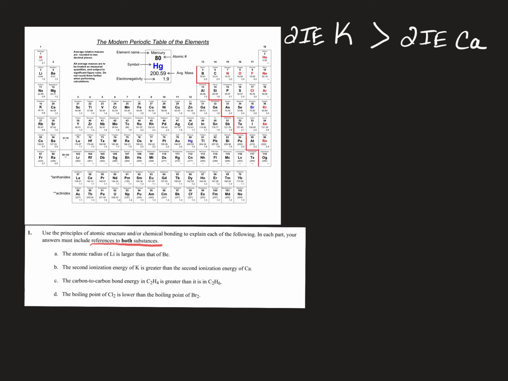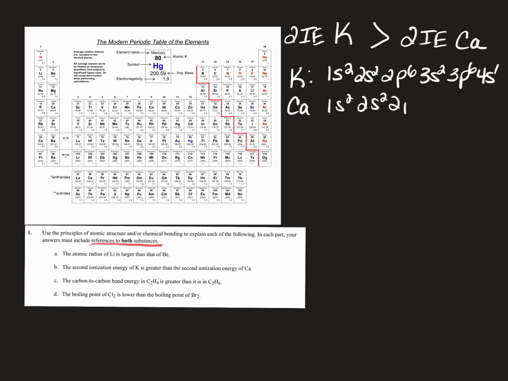So keeping in mind that for potassium, its configuration is 1s2, 2s2, 2p6, 3s2, 3p6, 4s1. And for calcium, it's 1s2, 2s2, 2p6, 3s2, 3p6, 4s2.